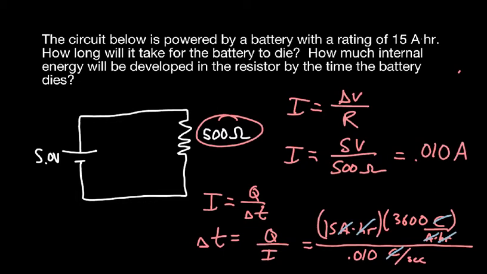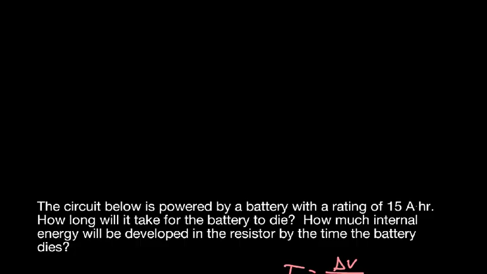So I first need to figure out the power dissipated through this resistor when we have this setup, and then I can multiply the power by the amount of time to get the energy. So I'm using the equation power equals energy divided by time. Multiply both sides by time to get energy all by itself. So I'll begin by calculating the power.